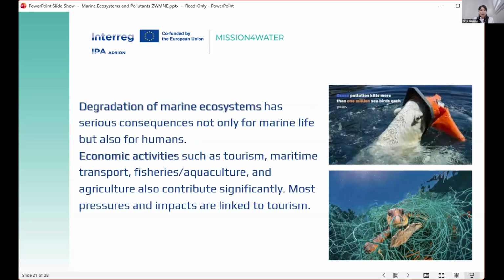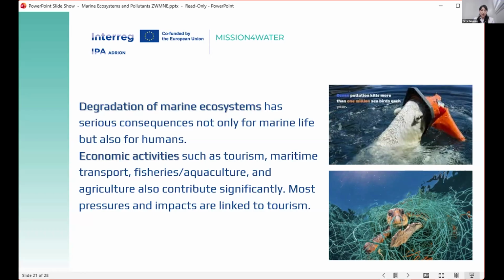Degradation of the marine ecosystem has serious consequences not only for marine life but also for humans, especially those who depend on marine resources. Contamination of the food chain with microplastics and heavy metals poses a threat to human health through the consumption of contaminated seafood. Numerous studies have documented the harmful effects of microplastics on aquatic life, but anthropogenic activities are also the main sources of pressure and negative impact on the marine and coastal environment.